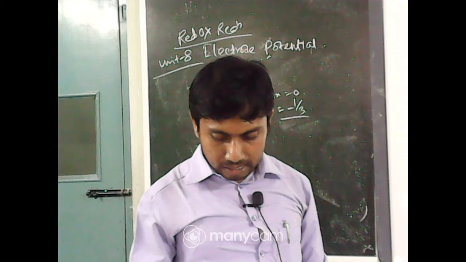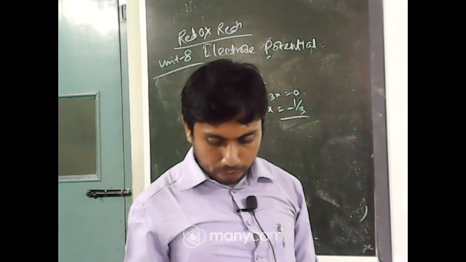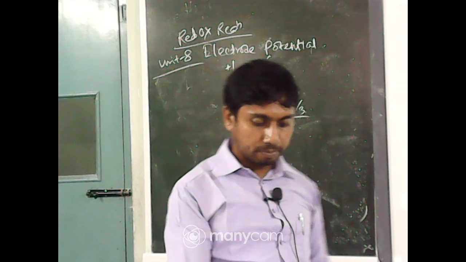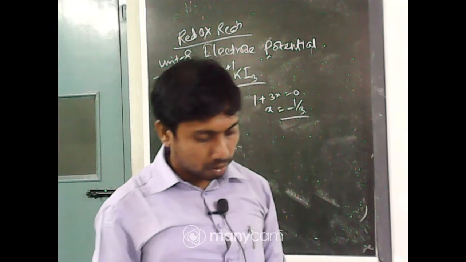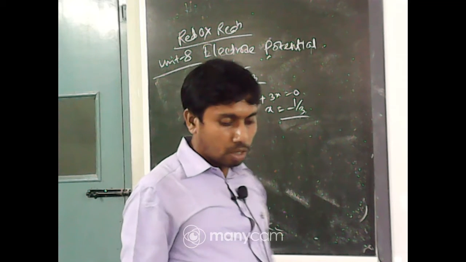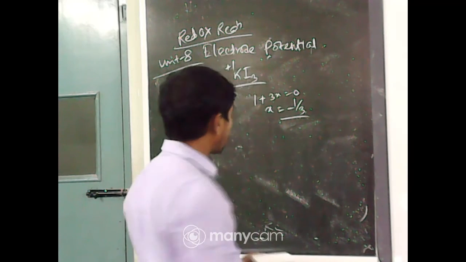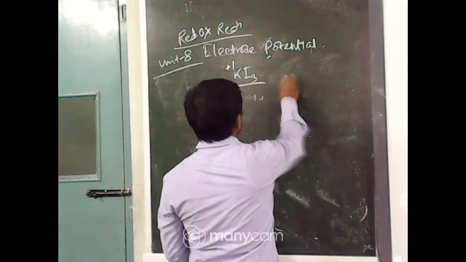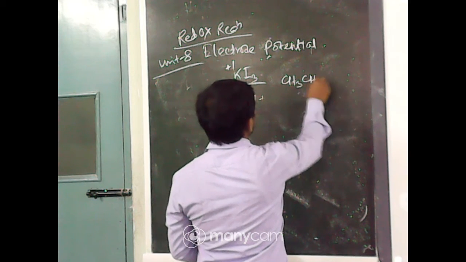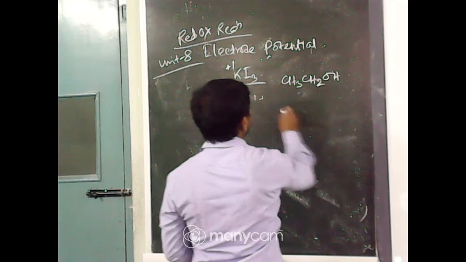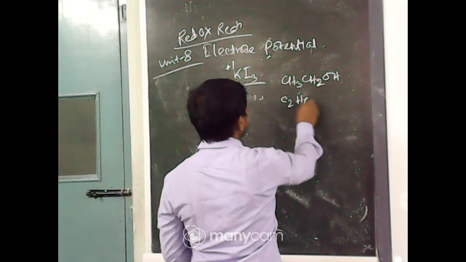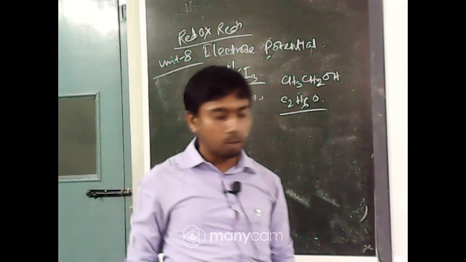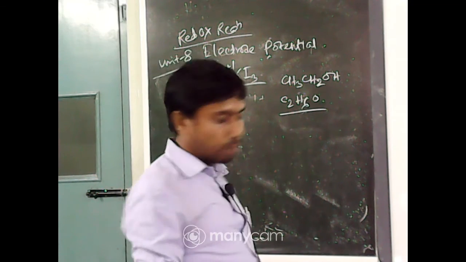One example, that is, what is the oxidation state of carbon in ethanol. That is CH3CH2OH, C2H6O. Now the oxidation state of carbon, just assuming it as x.